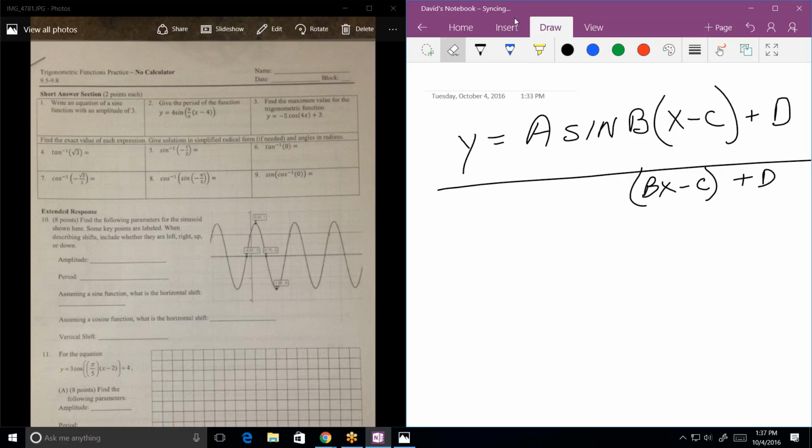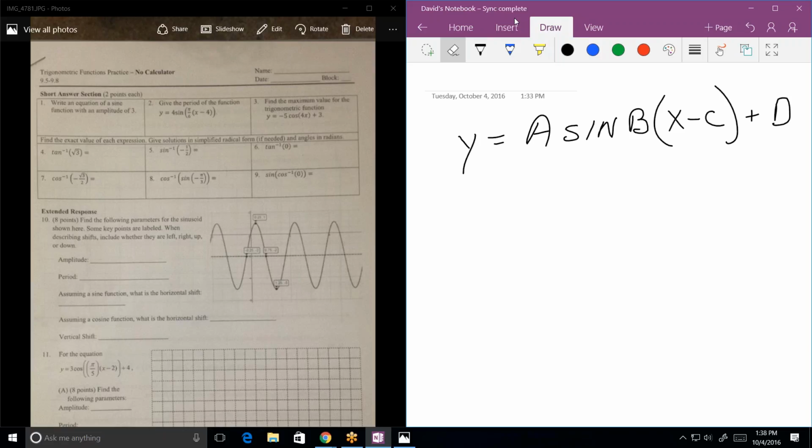So let's erase this one. Although sometimes, in other words, this is a game. They're going to give you a sinusoidal function and ask you to graph it. That's part one of the game. And part two is they're going to give you a graph and ask you to come up with the sinusoidal function of that graph.